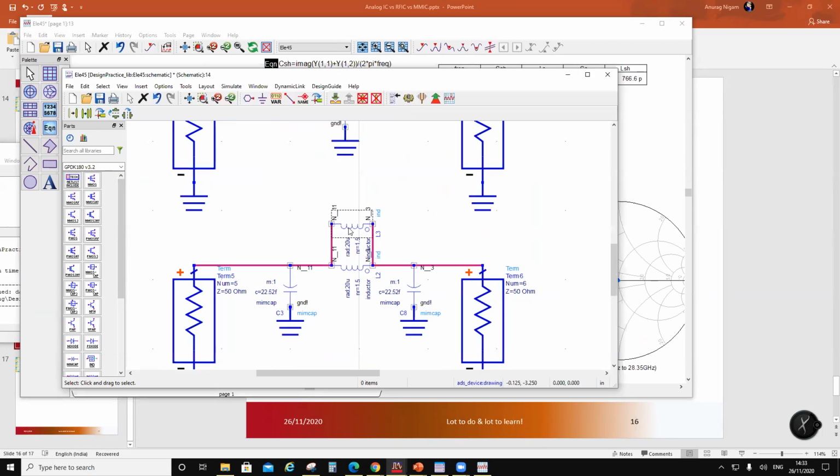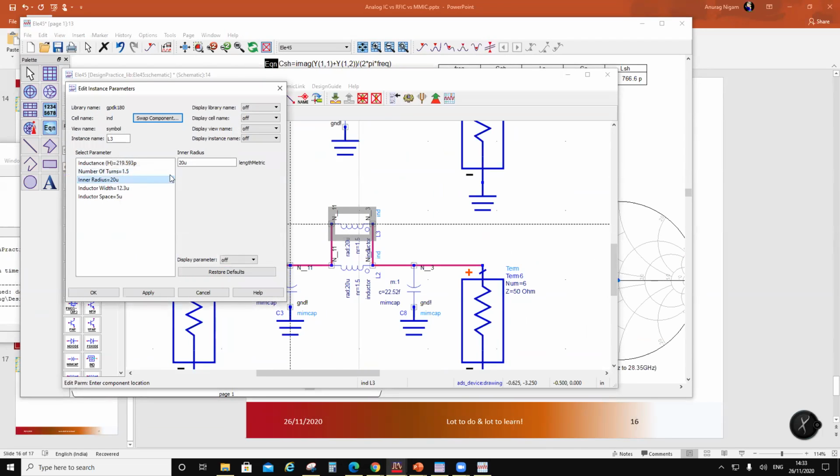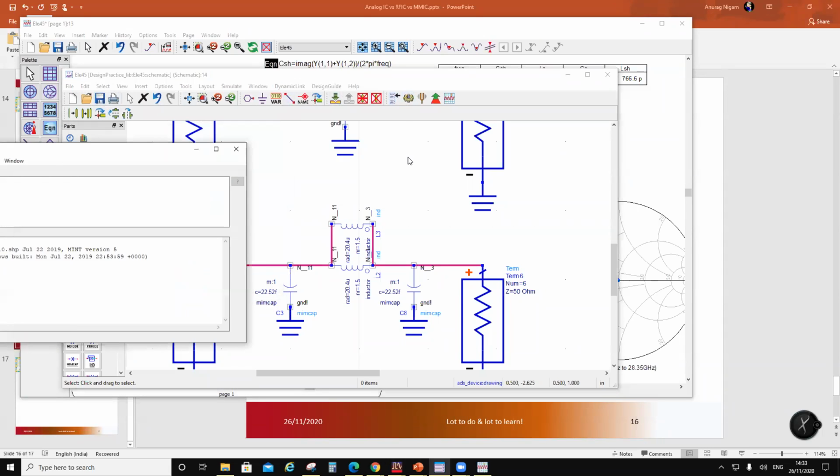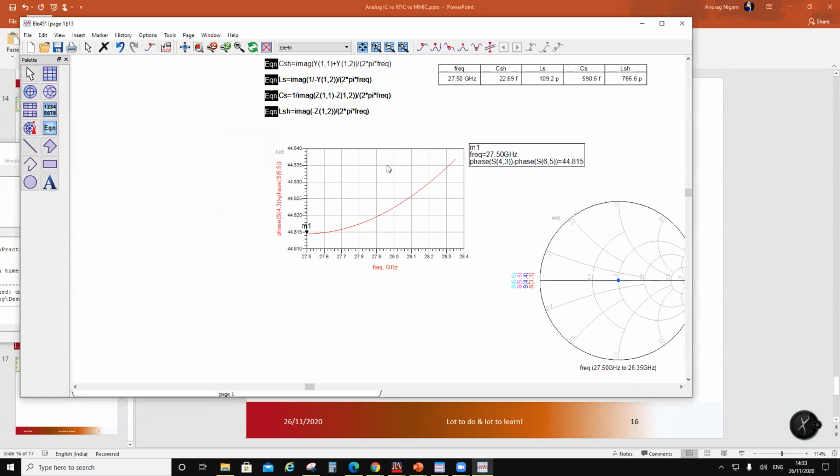Okay, so I'm going to delay this. So here I'll put 20.4 and 20.4. Done. And hit simulate. 44.8.